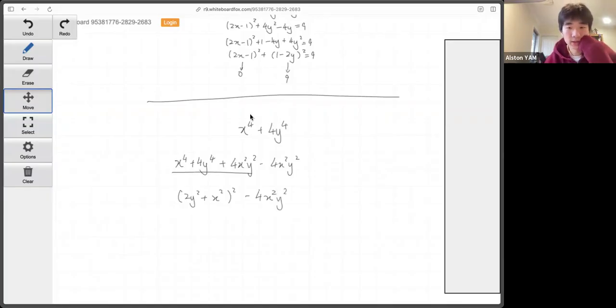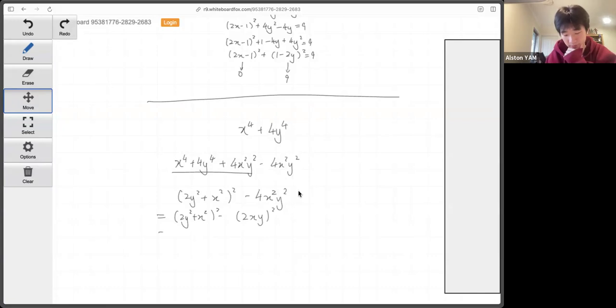And the reason why this x to the 4 plus 4y to the 4 is special is because this middle term that you add in is also a perfect square itself, right? So now we have a difference of squares. That is really cool. So we can factorize it like this: 2xy, all squared.